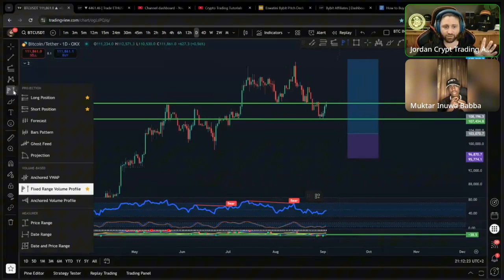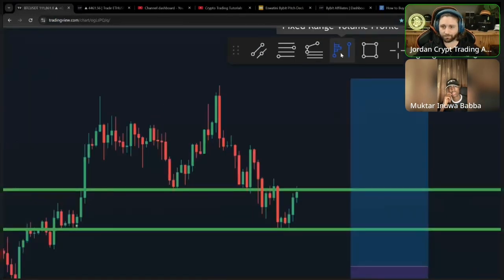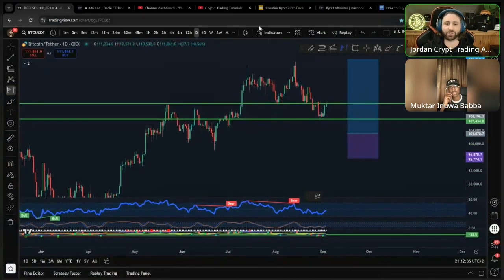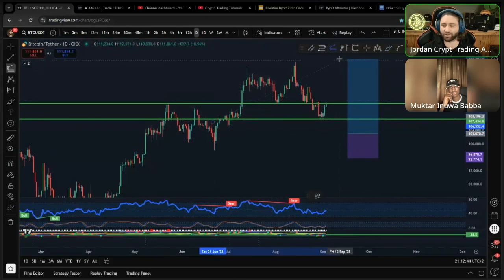You'll find it here under your volume-based tools, and put it on your favorites so you can use it every day. It's this weird looking one here. You basically just try and find the general current range and pop it to the bottom left and top right of that range.